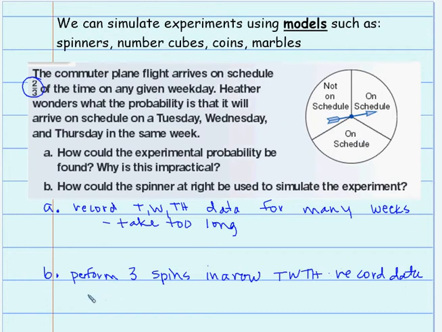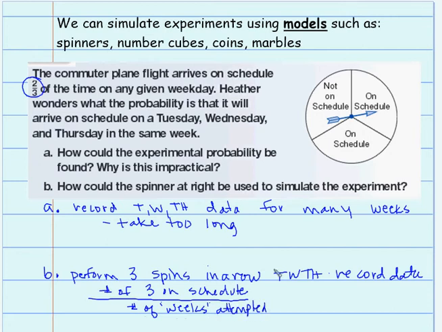And then you would keep track of the number of 3 on schedule, the Tuesday, Wednesday, Thursday, and divide that by the number of weeks attempted. Okay, so each 3 spins is 1 week. So you'd spin it 3 times and either get a yes or a no. Okay, yes, they're all on schedule, or no, they're not.